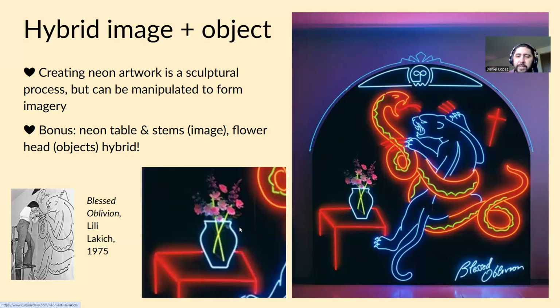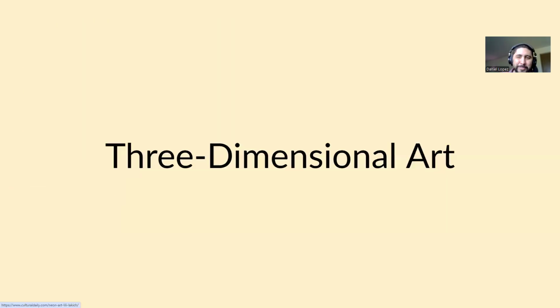Even here's this really fun depiction of flowers in a vase, right? So the flowers, I mean, they're technically fake, but they're objects, right? But the stems are constructed of a neon tube, which is like a building material used as imagery. So this is kind of a weird in between.